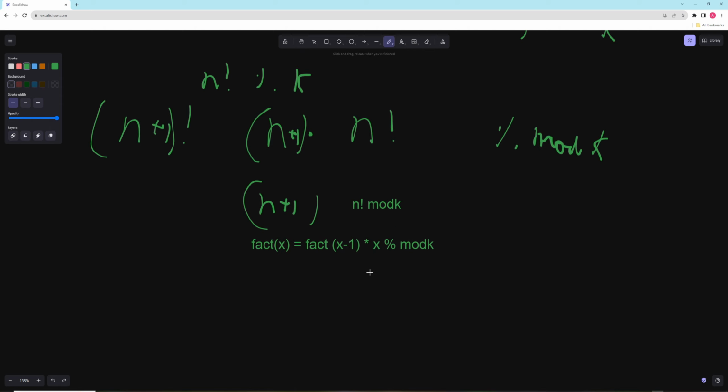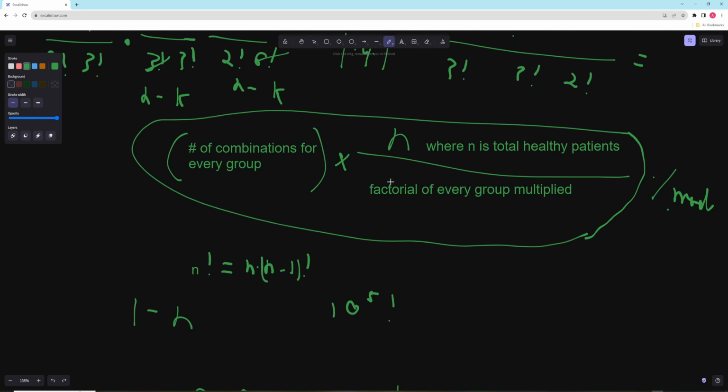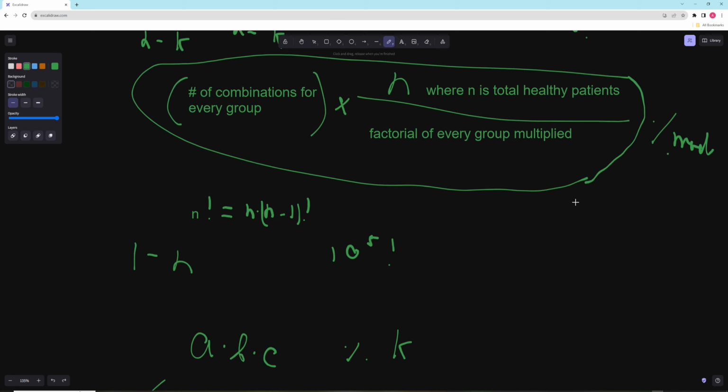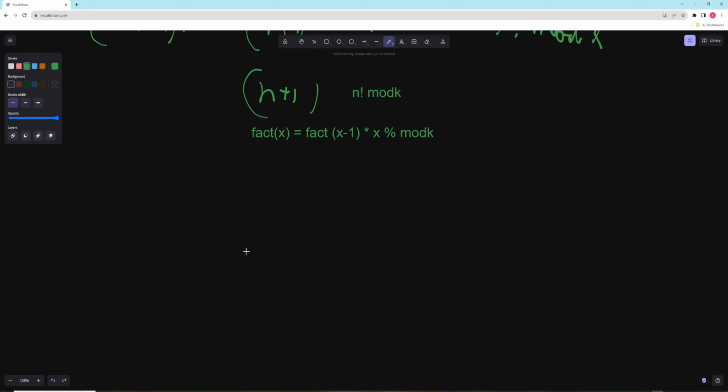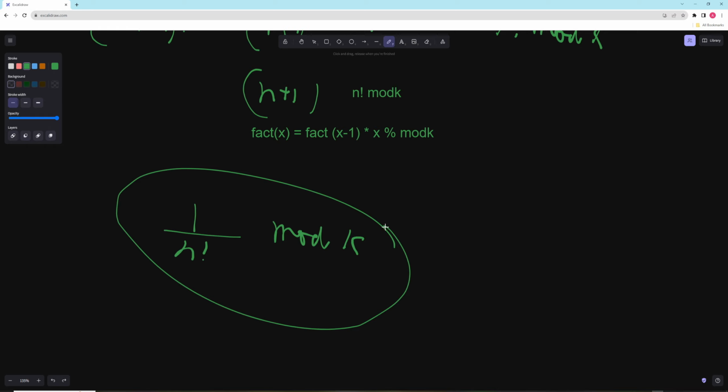But now there's this other part that's tricky, and that's we have factorial. We're gonna have a factorial on the top, but on the bottom, we're going to have all these other factorials, right? And so how do you do 1 over n factorial mod k? How do you keep this small? To keep this small, you basically have to use Fermat's theorem.